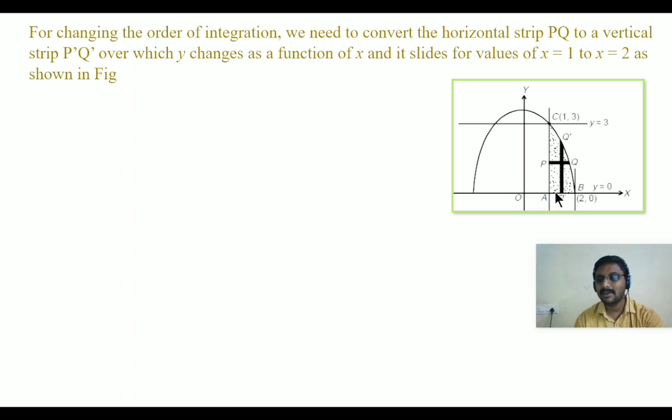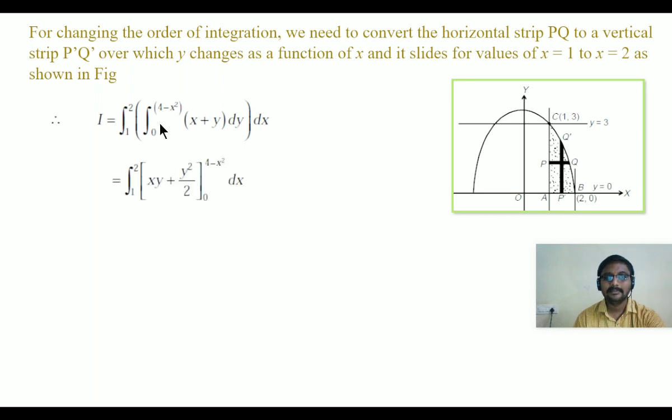Here the old strip is PQ and the new strip is P dash Q dash, which is considered in the same closed region. x varies here from 1 to 2. Now changing the limits, x varies from 1 to 2, and y varies from 0 to the curve.